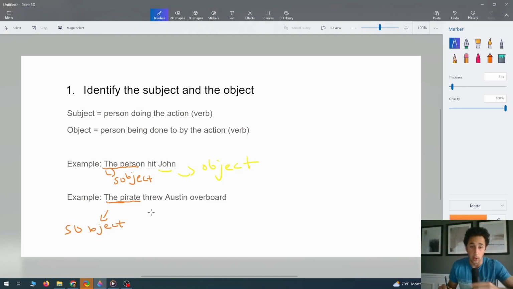But now, who's being done to by the action? Well, the pirate threw Austin. So in this case, Austin is the object of the sentence. So that's the first step. Let's first identify the subject of the sentence, and then let's identify the object of the sentence.